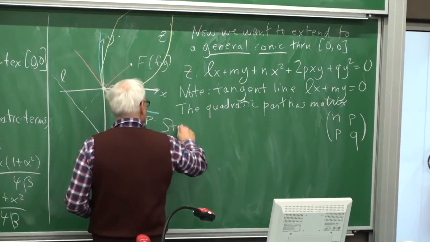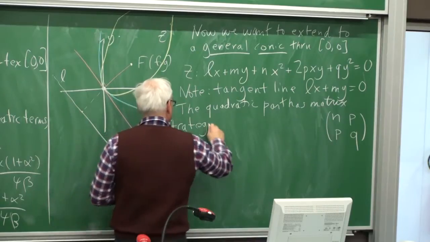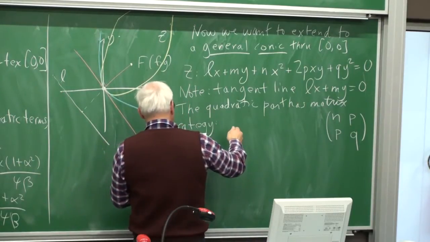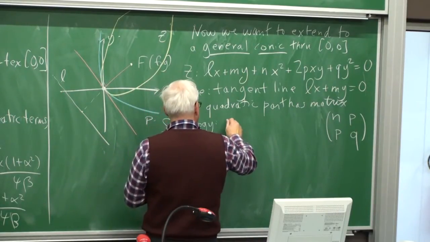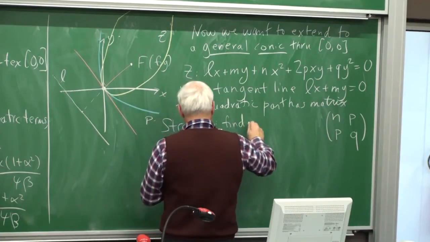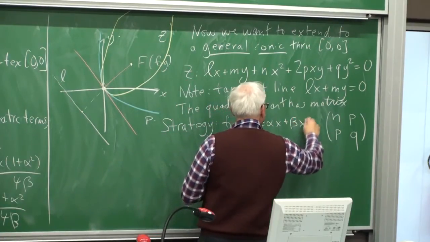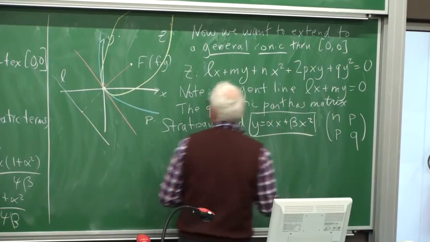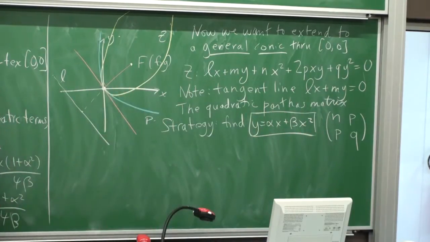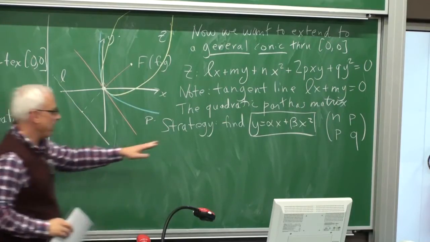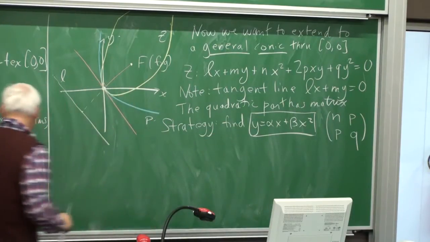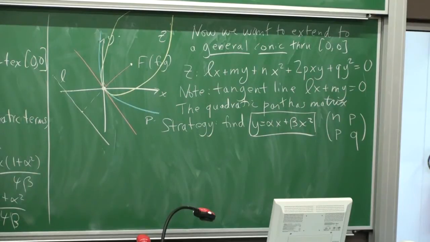So our strategy is to first find the function y equals alpha x plus beta x squared, which approximates this conic. And then once we have that, we can use this formula here to immediately write down the parabola that corresponds to that function.